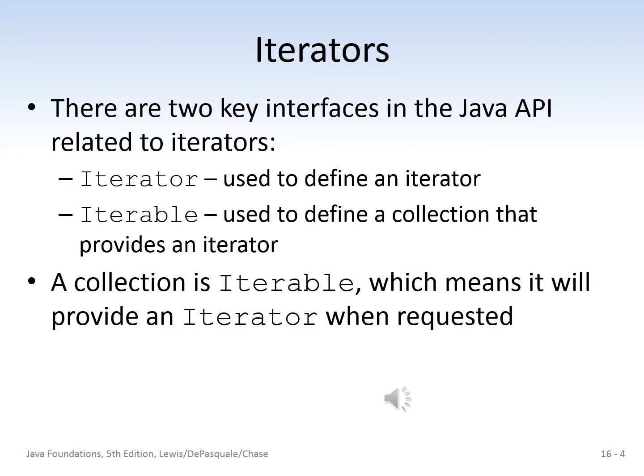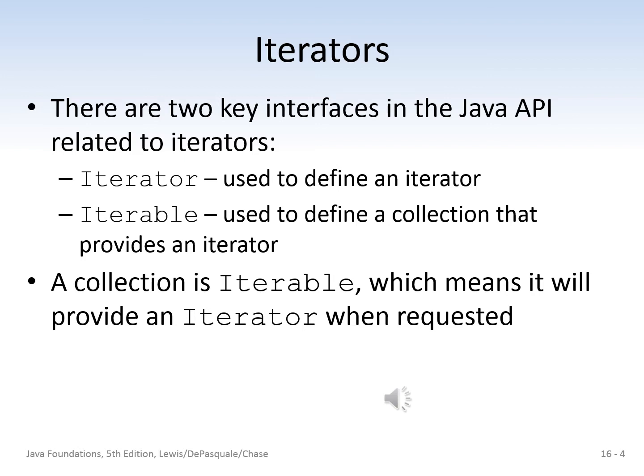In the Java API, we're provided with two interfaces related to iterators. The first is the iterator interface, which is necessary to define an iterator. The iterable interface is used to define a collection that provides an iterator.